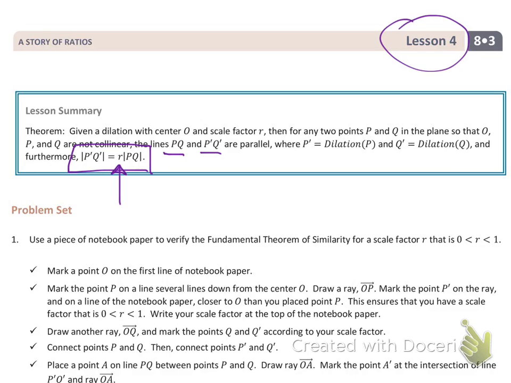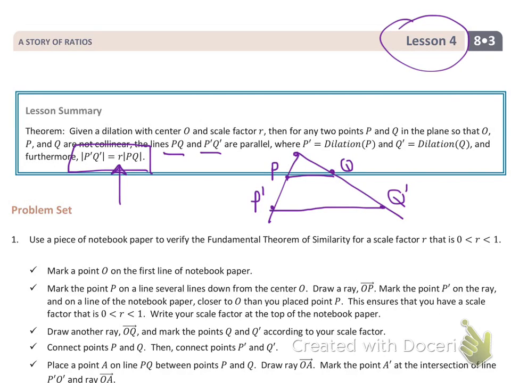This became a surprising result, because we would start from a center O and dilate a point P out to P prime, do the same thing with Q and Q prime with the same scale factor, and they had these properties of being parallel.